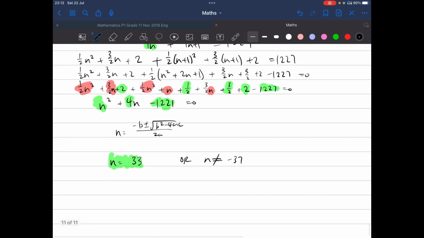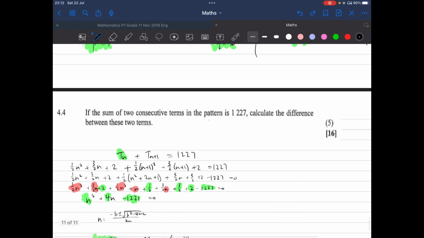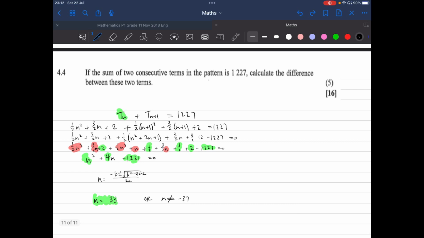Okay, but now let's read the question. What did the question actually ask for? It said the sum of the two consecutive terms is 1227. Okay, so we found where those two terms are, right? We now know the value of n. We know that n is 33. So that means if you take T33 plus T34, because that's the next term, two consecutive terms, we're getting 1227. Okay, but now they're telling us to find the difference between those two terms, right?